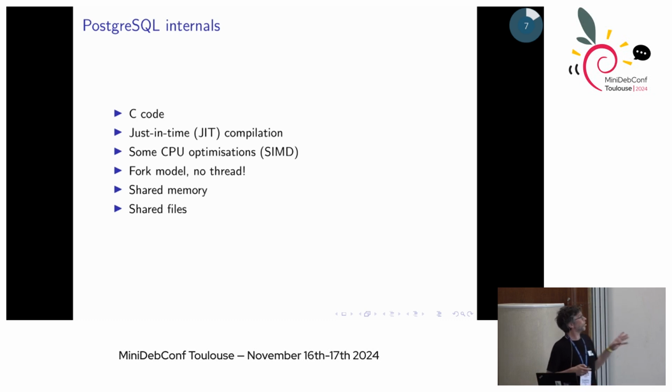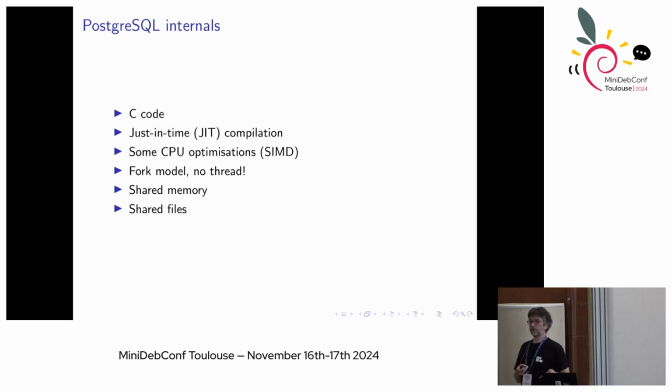So PostgreSQL today is C code. This is mostly only C. There is some Perl inside and minor things, Python, etc. But the main component is the C language, about 99%. We have just-in-time compilation in terms of optimization.